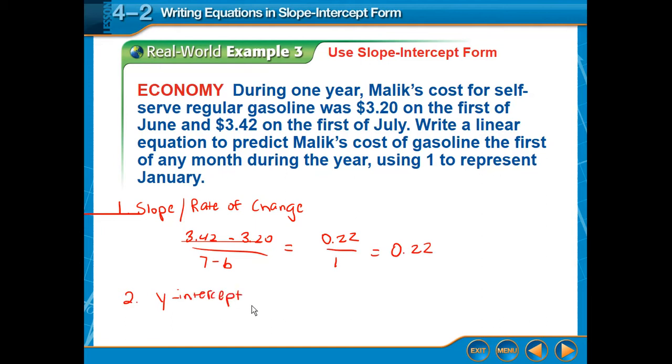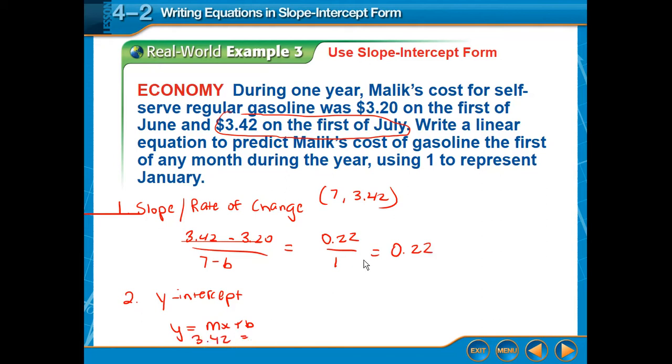So we're going to use y equals mx plus b and then put in one of our points. So I can use the price in June or the price in July. I'm going to use this one here. Okay, so that means I can treat that like the point 7, 342, right? So the 7th month, the price was 342. Okay, so plugging in those two things, I put in 342 for y.